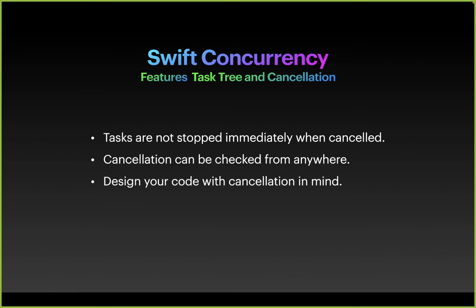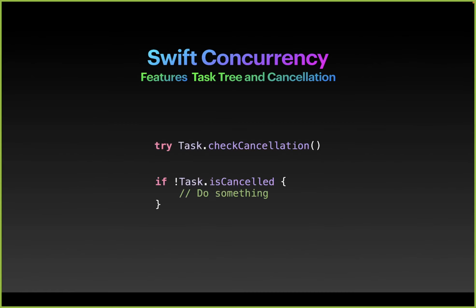Also keep in mind when you design your code that cancellation can happen, and you may sometimes want to do early termination, especially when you do something that costs a lot of time.